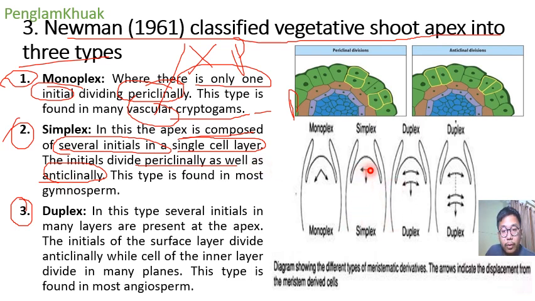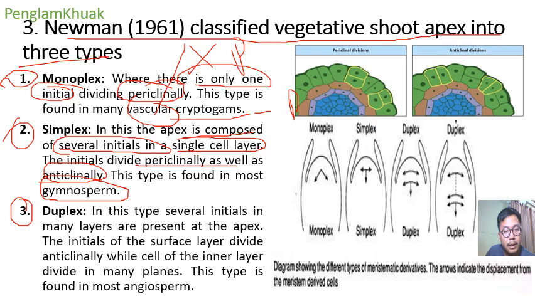It contains more than one initial in a single layer, and they divide periclinally, that is parallel to the surface, and anticlinally, perpendicular to the surface. This type is found in gymnosperms or gymnospermic plants. In these plants, the seeds will be naked.